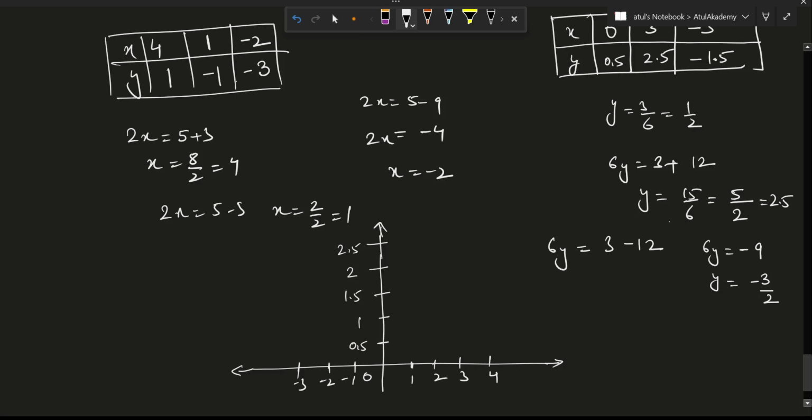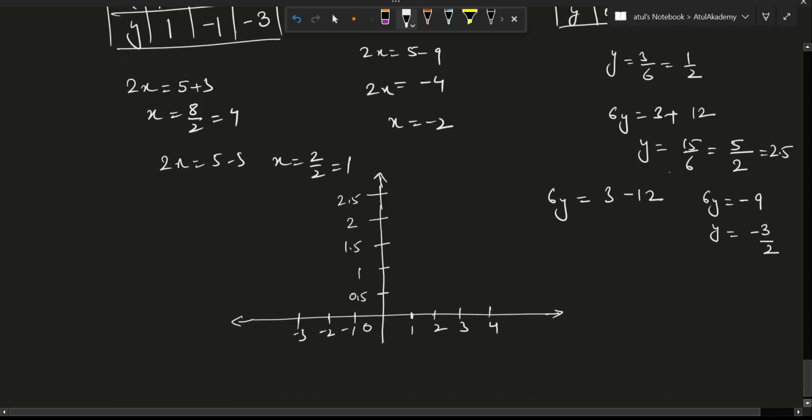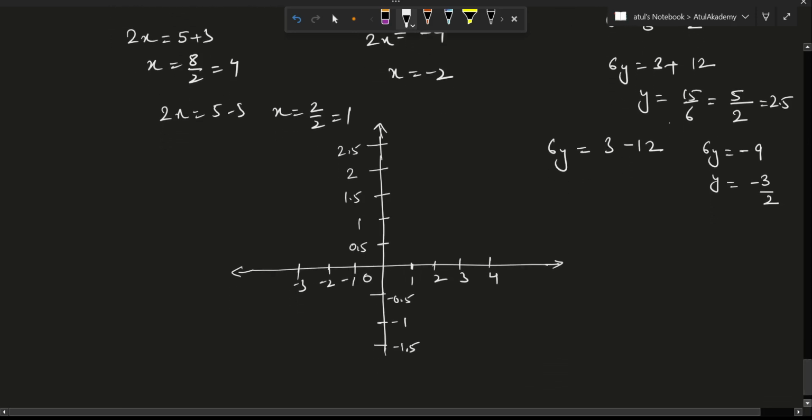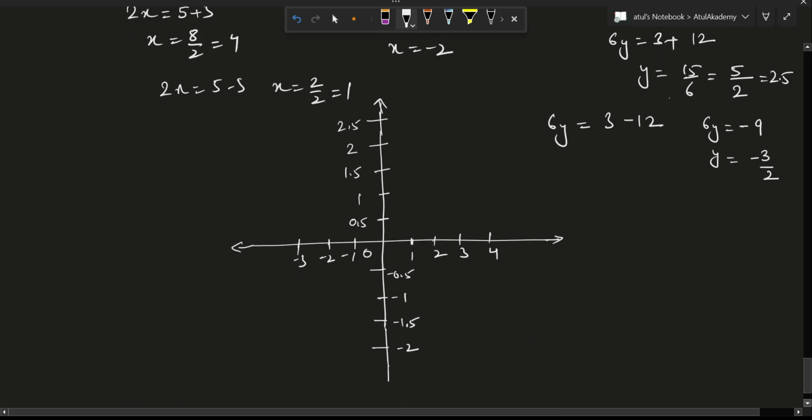Y is also going in that direction, so that is why I'm taking y below: negative 0.5, negative 1, negative 1.5, and it's going till -3. So -2, -2.5, let's go a little further, -3. X dash, y dash.